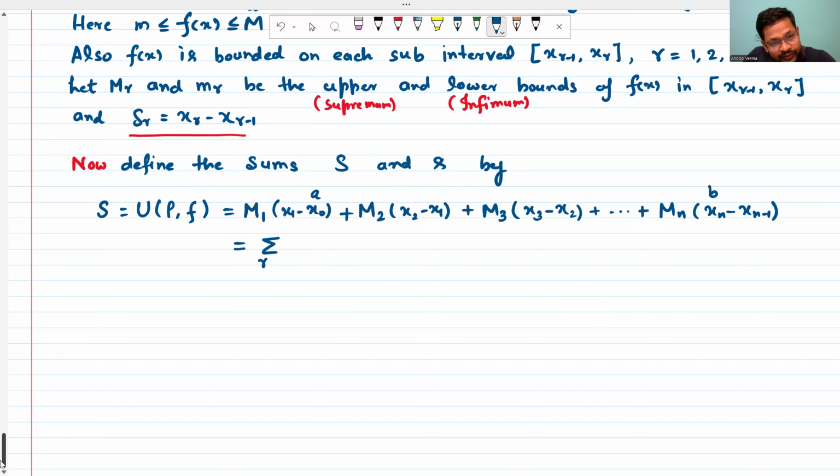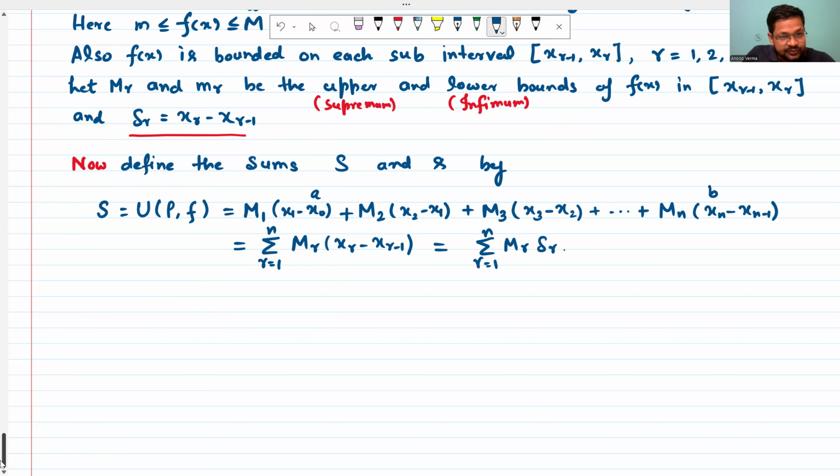Summation as we move from r equals 1 to n, this is Mr into xr minus xr minus 1, which is delta. Clear? So this is the capital S sum that we have defined.